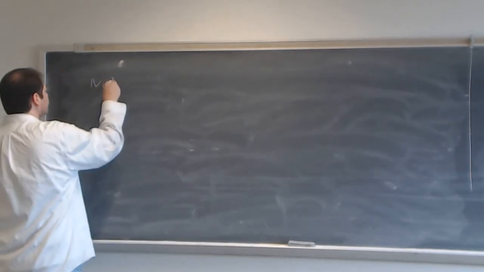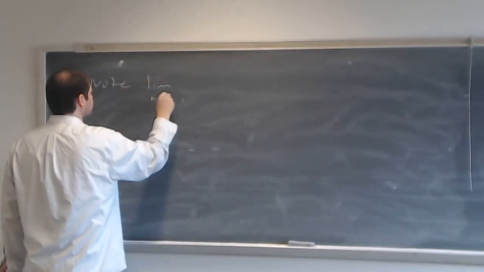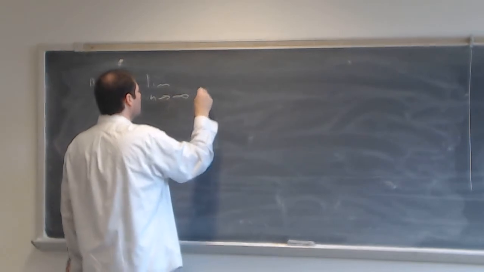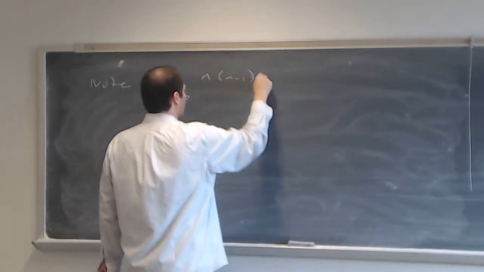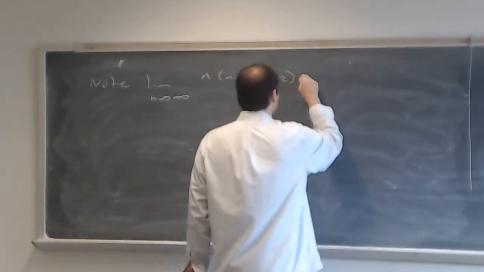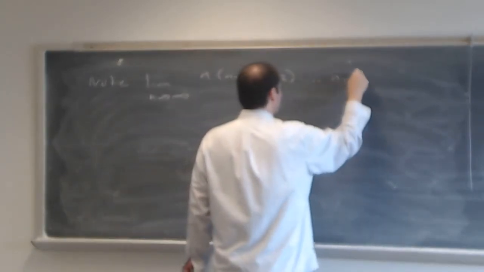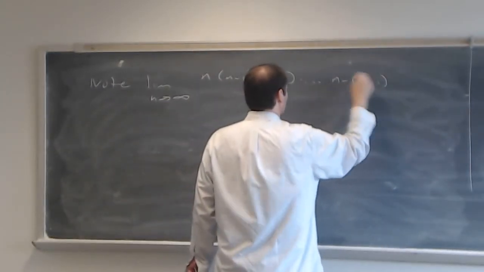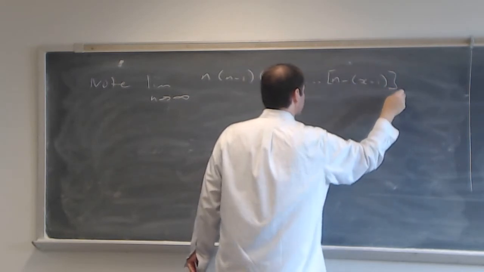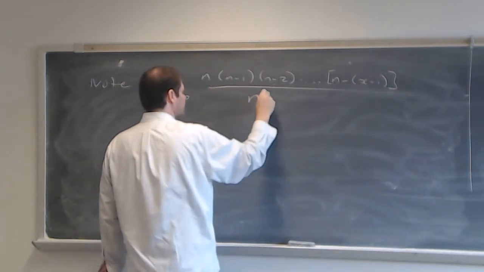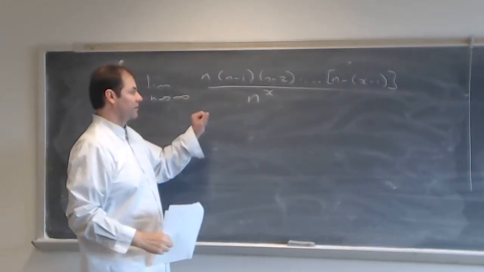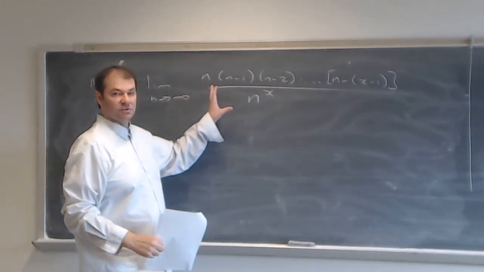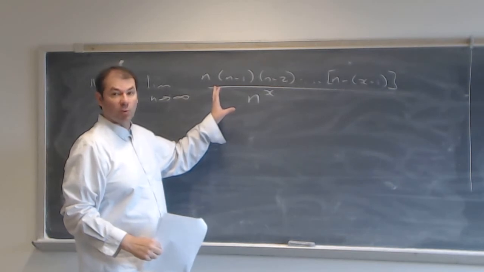So note the limit as n goes to infinity of n minus 1, n minus 2, all the way down to n minus the quantity x minus 1, all over n to the x. This is like n over n is one of the factors, and the limit of that as n goes to infinity, you use L'Hopital's rule if you want, you just get 1.